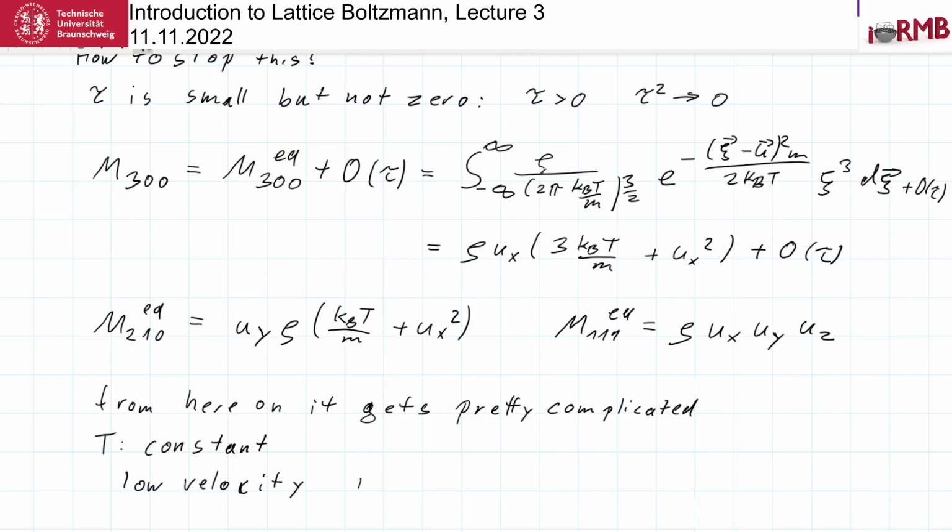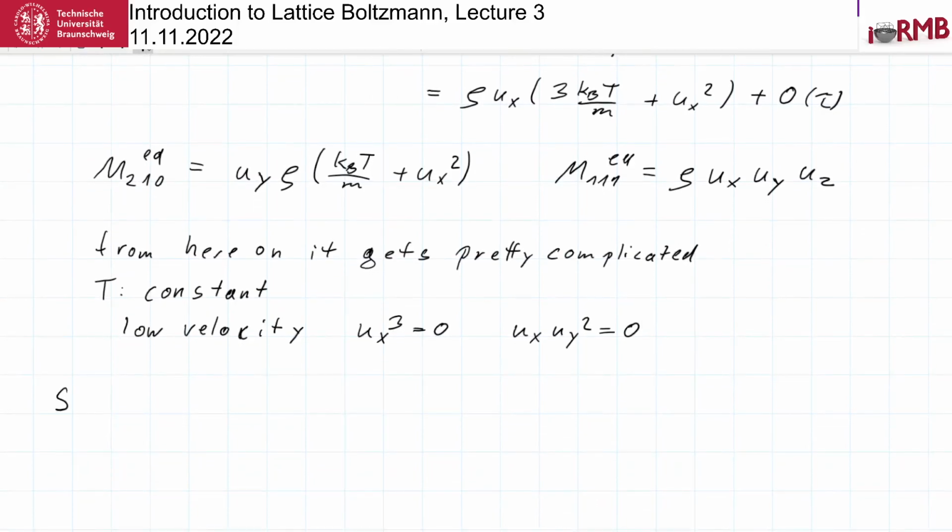Low velocity means that the terms ux cube and the other terms, like for example ux uy cube and so on, are assumed to be 0, because otherwise the equations will get very, very large. With these assumptions we can simplify the thing that we called S before in the following way.